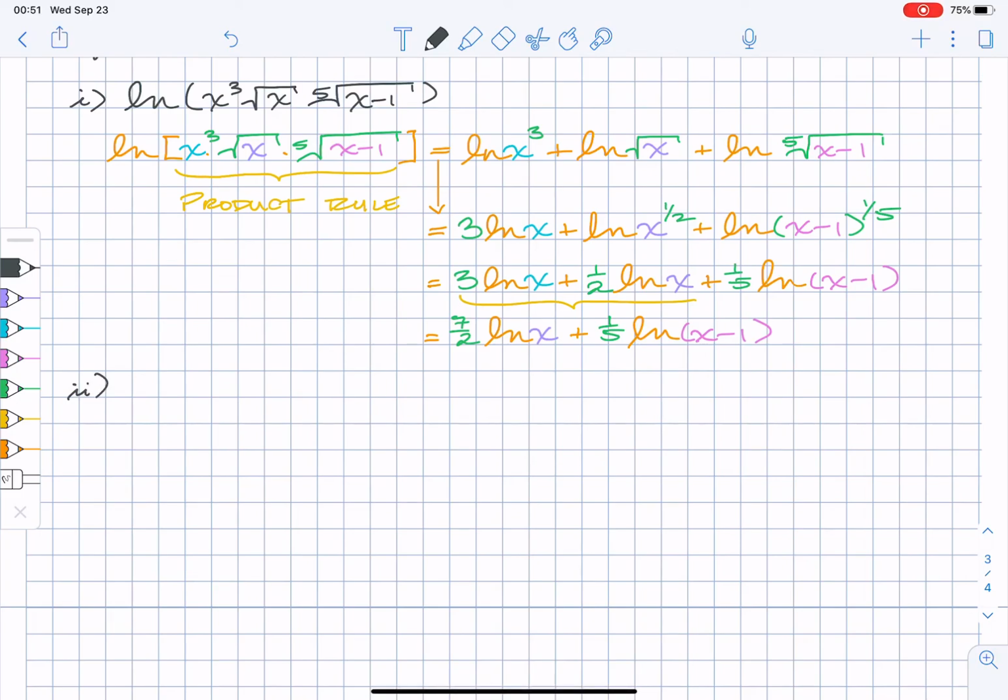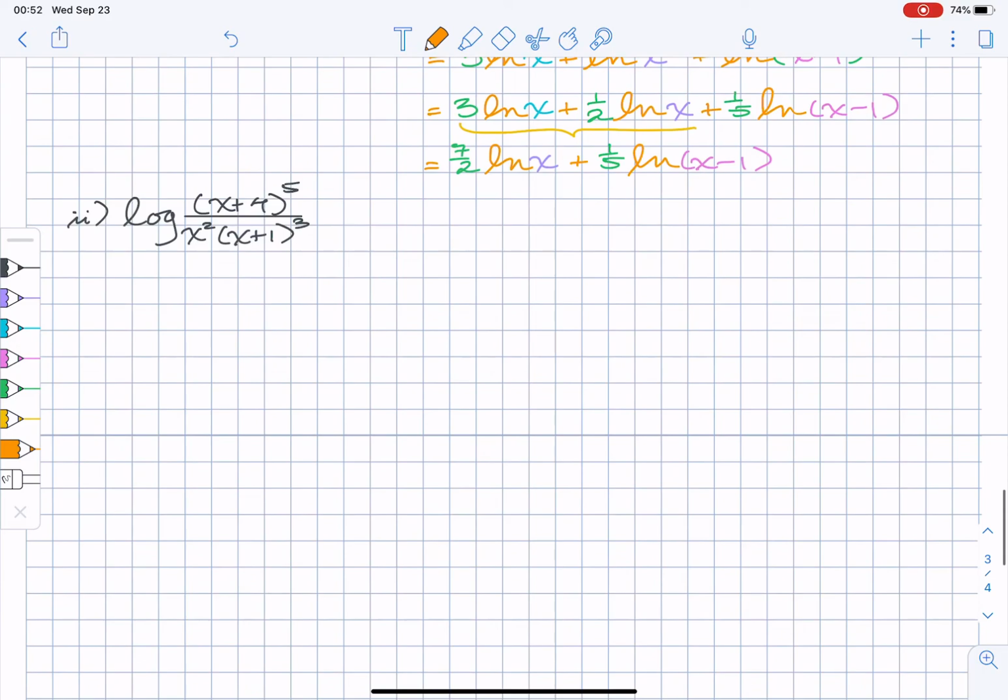Let's say we had log of the quotient. So in the numerator we have x plus 4 to the 5th. In the denominator we have x squared and the quantity x plus 1 cubed.